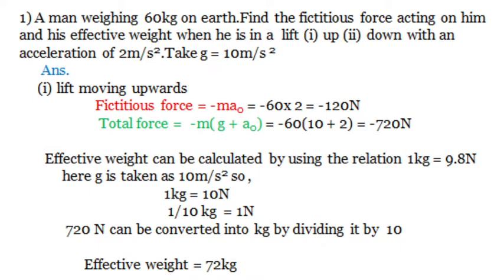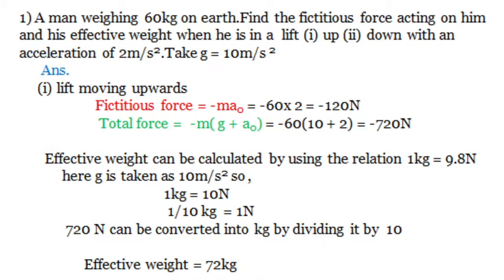If we know the force in Newton, it can be converted into kilogram. For that we should use the relation 1 kilogram is equal to 9.8 Newton. Here 9.8 means g, acceleration due to gravity. So from this expression, 1 Newton can be calculated by taking this 9.8 to the left side.